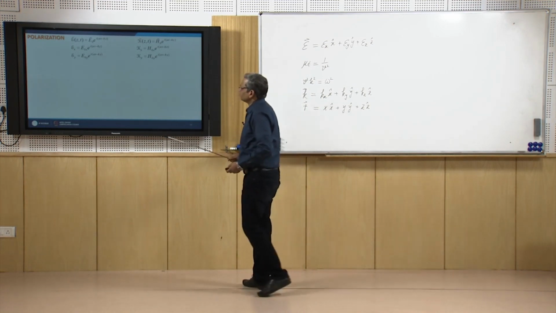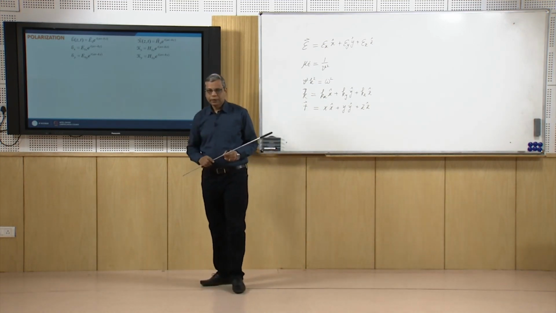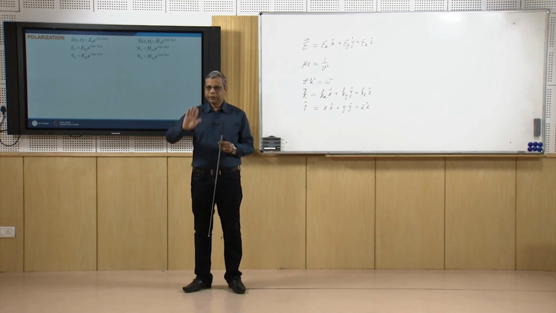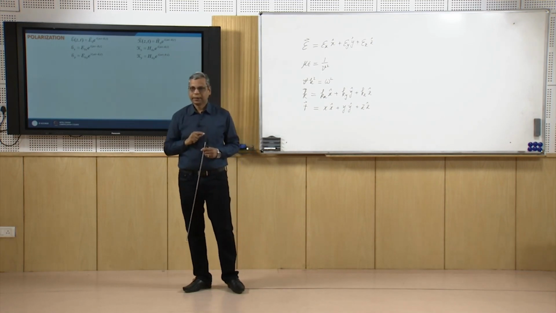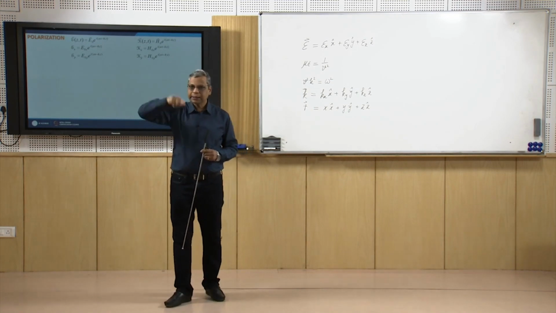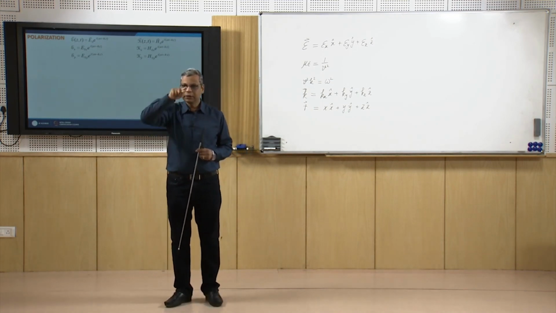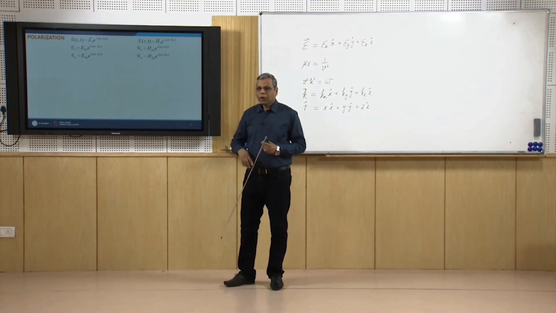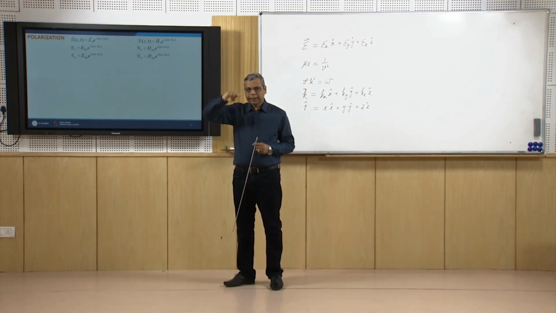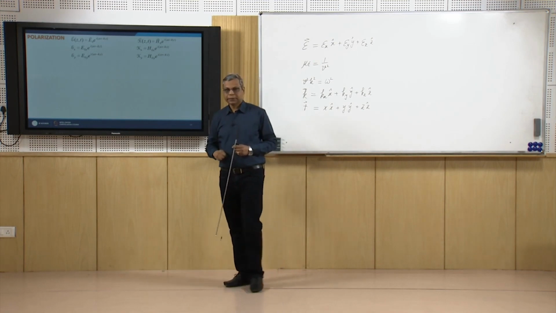So, if this is the plane, then E can vibrate along this or along this or along this or along this, and similarly H can vibrate along this, along this, along this. Okay. What does this direction of vibration represent?